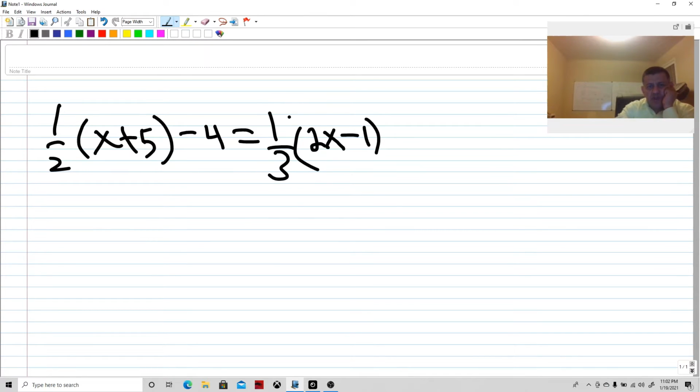This fraction is multiplying this, and this fraction is multiplying this right there. So in this case, we can find the common denominator on both sides. We can multiply this by 3, this by 3.